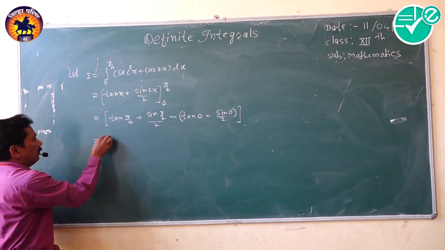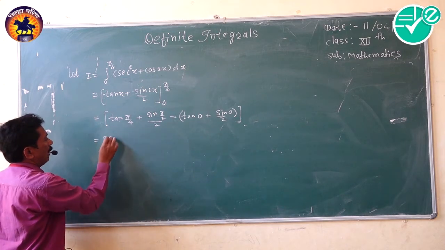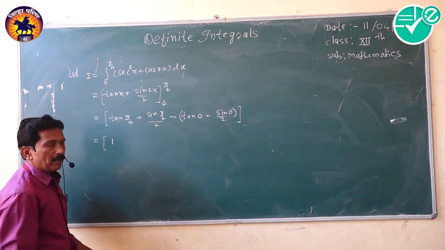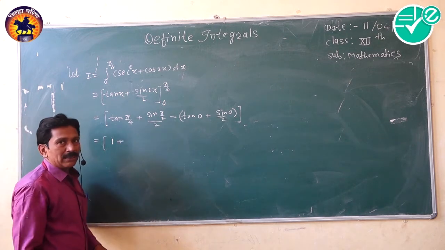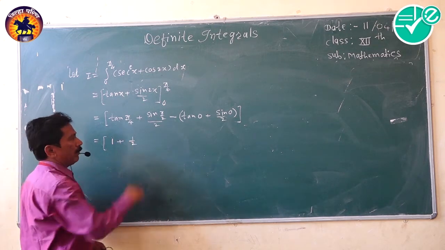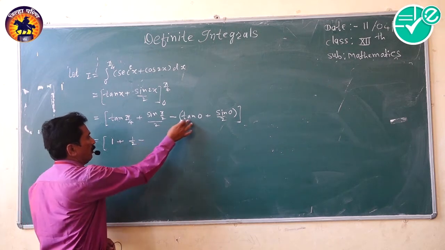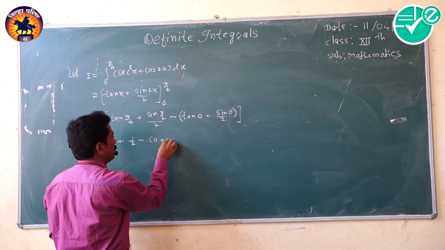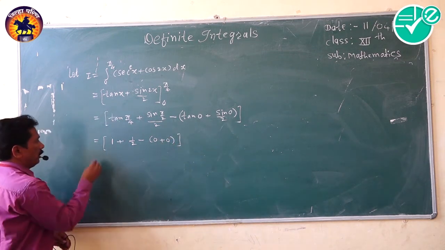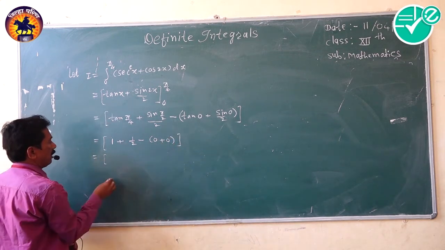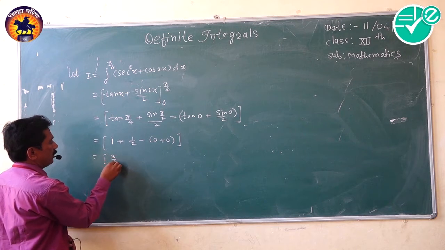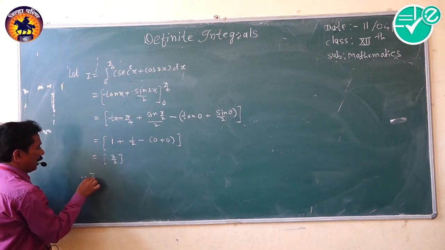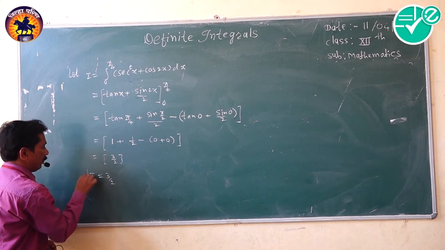This is equal to tan pi by 4, value of tan pi by 4 is 1, plus value of sin pi by 2 is 1 divided by 2, minus value of tan 0 is 0 and value of sin 0 is also 0. Therefore this will become 1 plus 1 by 2, it is 3 by 2, and hence I is equal to 3 by 2.